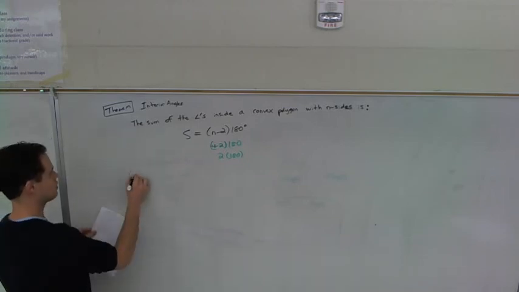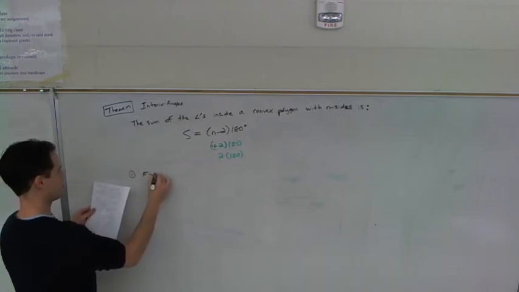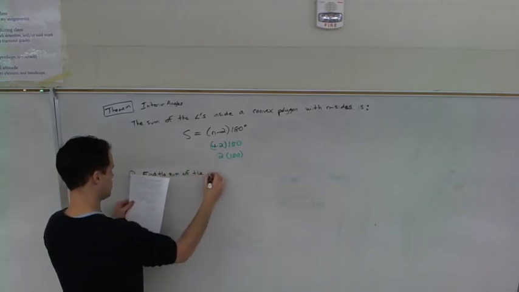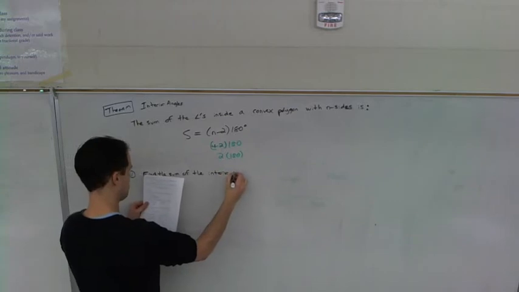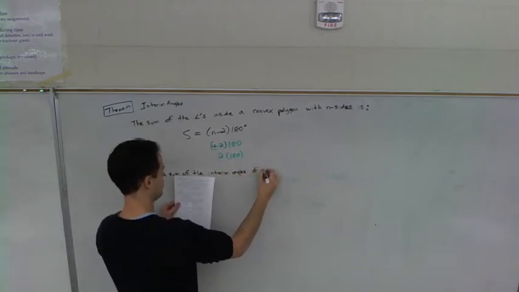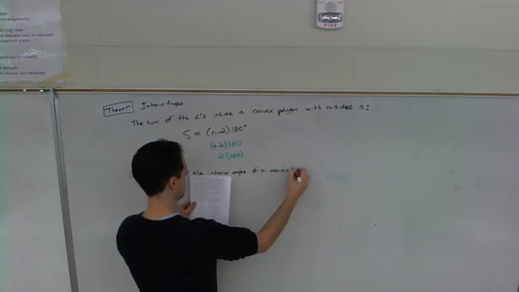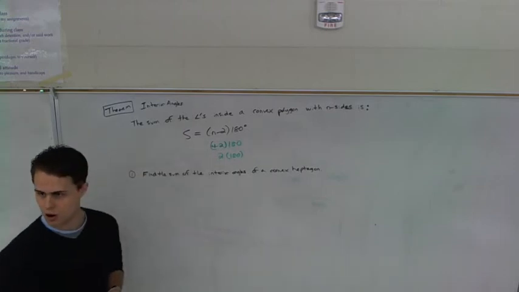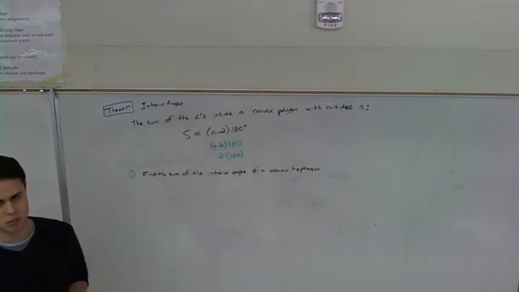So if I say find the sum of the interior angles of a convex heptagon, what are we going to do? A heptagon has how many degrees inside?